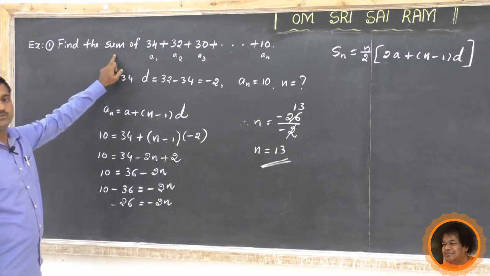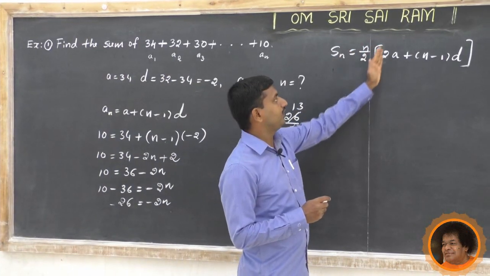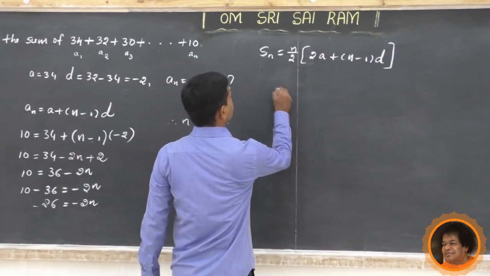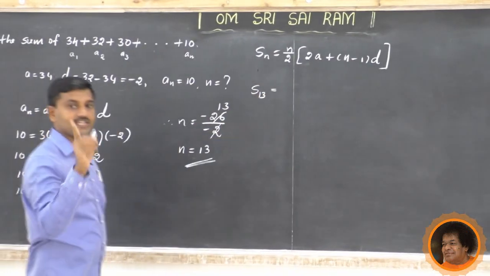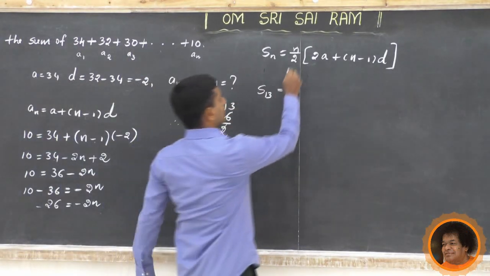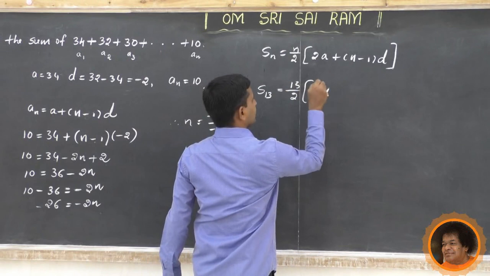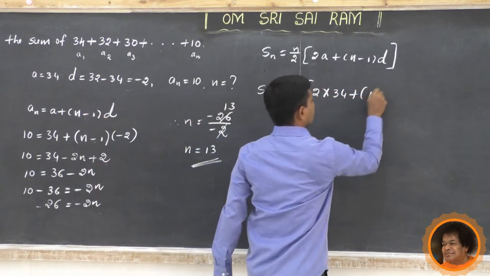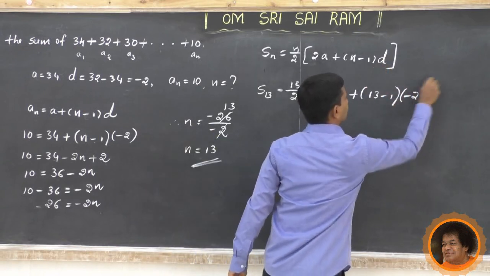So what is our question? Find the sum. So find the sum means formula Sn is equal to n by 2 into 2a plus n minus 1 into d. Now substitute the values. Sn means S13. Why? Because 13 terms are there. So S13 is equal to n, 13, by 2 into 2 into a. a means the first term, that is given 34, plus 13 minus 1 into d value, that is minus 2.